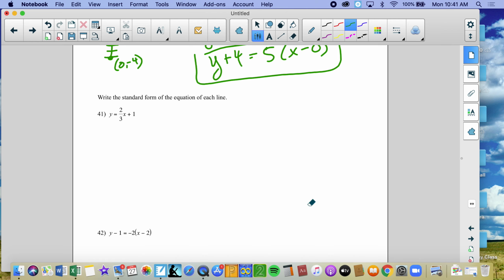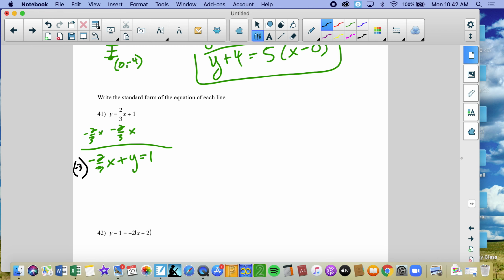Write the standard form of the equation of each line. Standard form, that means I have to get x and y on the same side, so I'm going to move that x over. My a, b, and c have to be positive and an integer. My a is negative and a fraction, so I'm going to multiply it by -3. The negative makes my a positive, and the 3 cancels the 3 in the denominator.